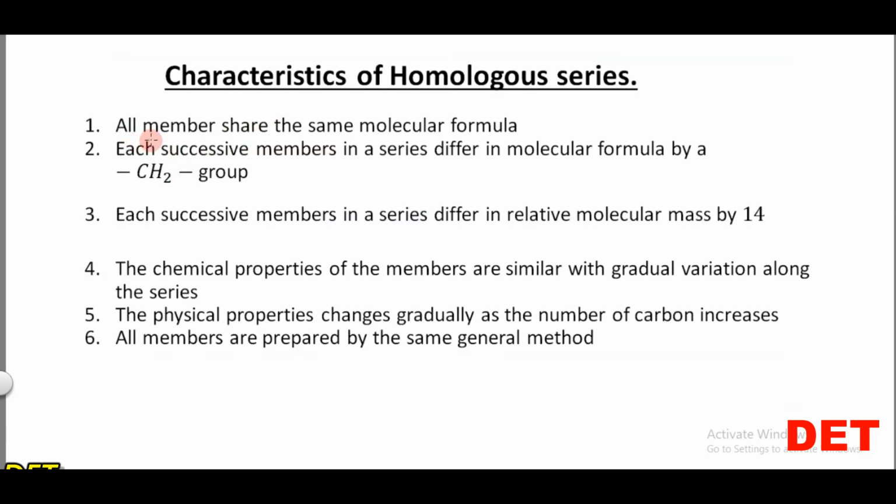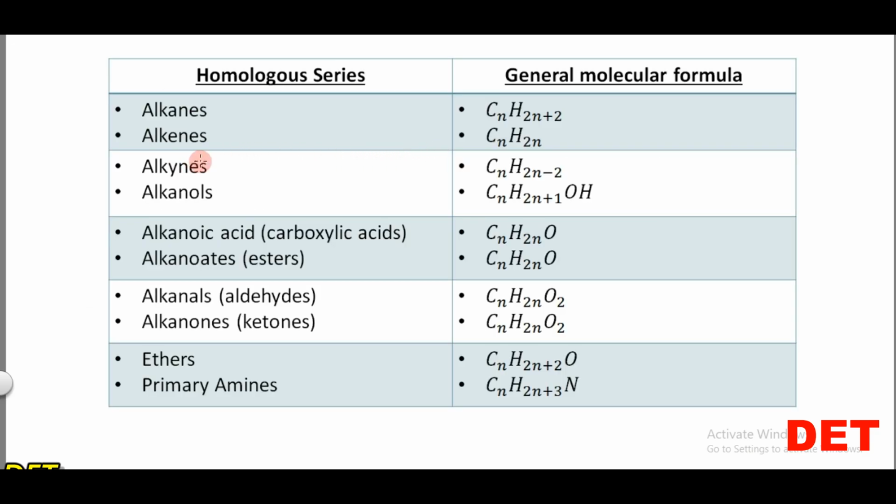Number one of the characteristics of the homologous series is that all members share the same general molecular formula. If we look at the alkanes, for instance, all the members of the alkane series have the same general molecular formula, which is CnH2n+2.